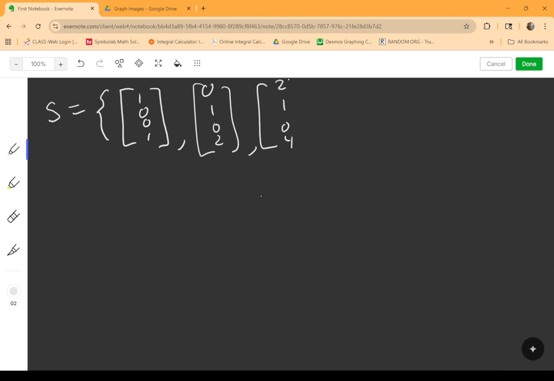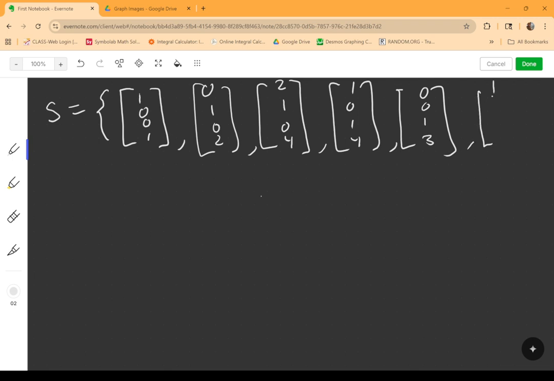So let's say I had a set S, and it's made up of the vectors (1, 0, 0, 1), (0, 1, 0, 2), (2, 1, 0, 4), (1, 0, 1, 4), (0, 0, 1, 3), and lastly (1, 2, 1, 8). All right. Now these vectors are in R4.